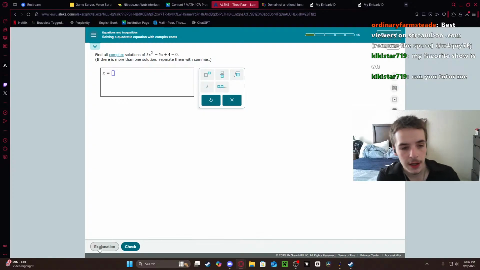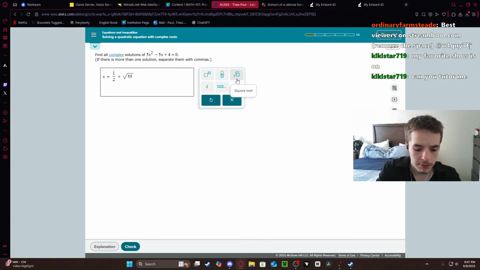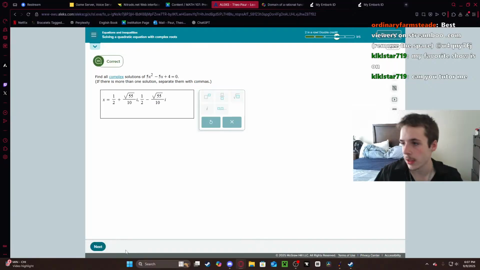But we can simplify 5/10 down to 1/2 plus square root of 55 divided by 10 i, comma, and then the other answer would be 1/2 minus square root 55 divided by 10 i. Check, check, check.